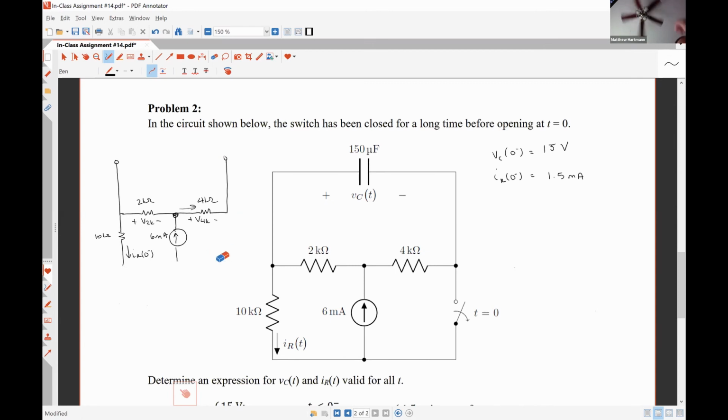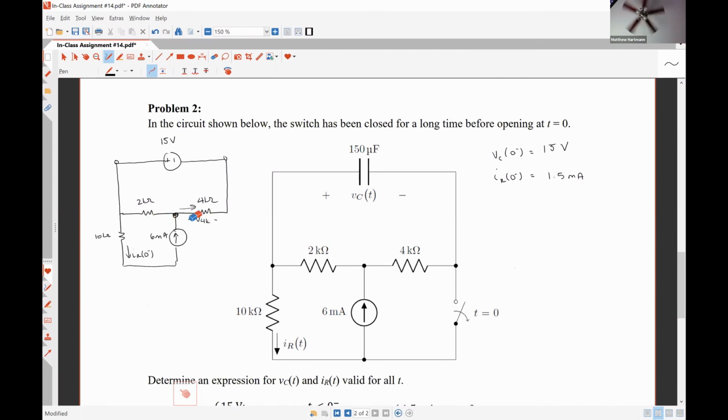That means that guy right there on the right-hand side goes away, and we're going to replace our capacitor with a voltage source that has the same polarity as VC and the same magnitude as VC.